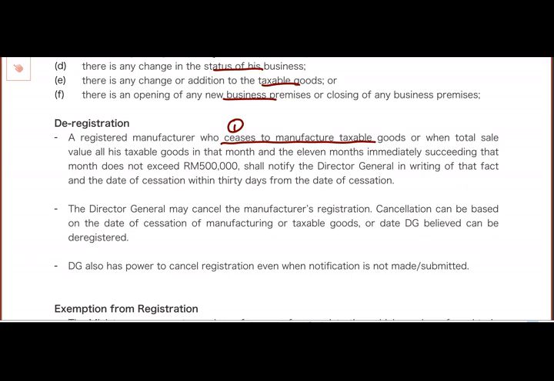Or when your sales drop, so that it does not exceed 500,000 anymore. So the sales drop. The value of the taxable goods now does not exceed 500,000. You shall notify the DG.